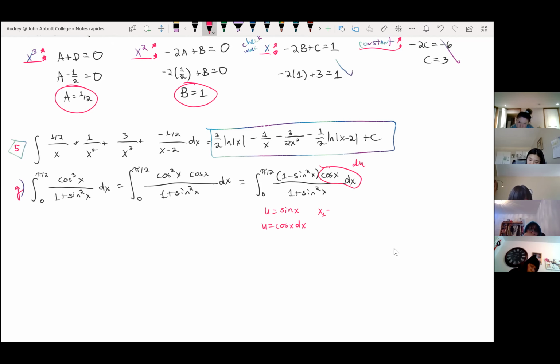And then if x1 is 0, then u1 is sine of 0, which is just 0. And x2 is pi over 2, then u2 is, oh sorry, sine of pi over 2. What's sine of pi over 2? 1. You got it. Good. So we will have the integral from 0 to 1 of 1 minus u squared over 1 plus u squared du.